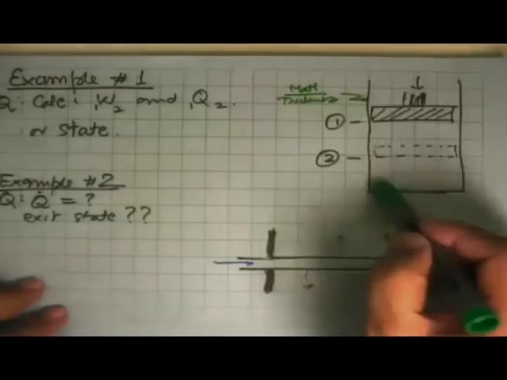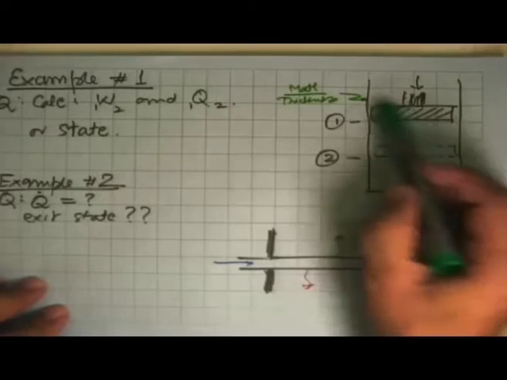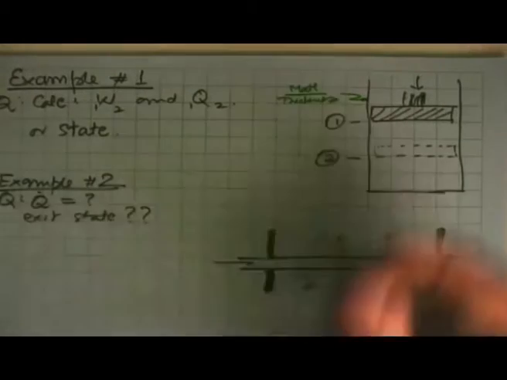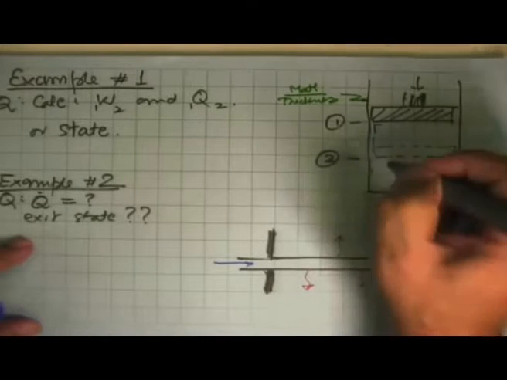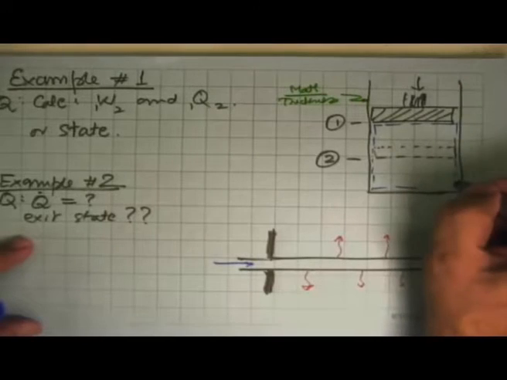So we have two examples. This is the case of a cylinder and piston arrangement in which there is a piston, and this is the working substance inside this. So we call this our system boundary. It includes everything except the walls of the system.